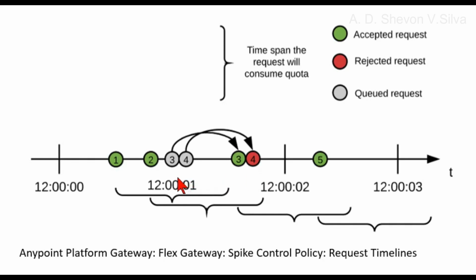Shortly before request 3 is retried, request 1 ages a second and the quota is released because it falls out of the window.